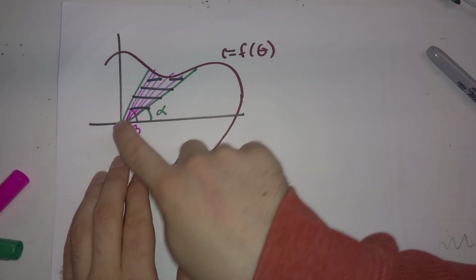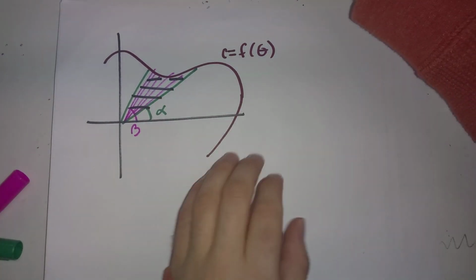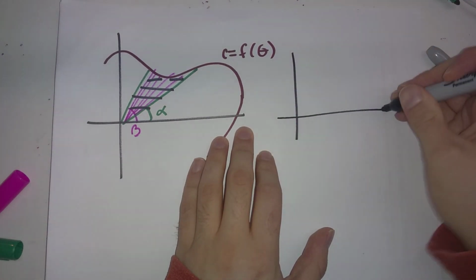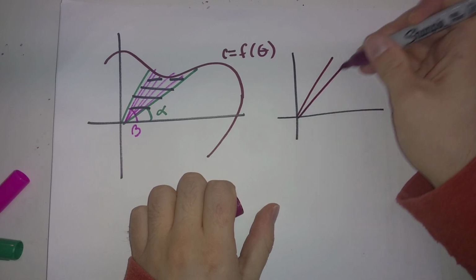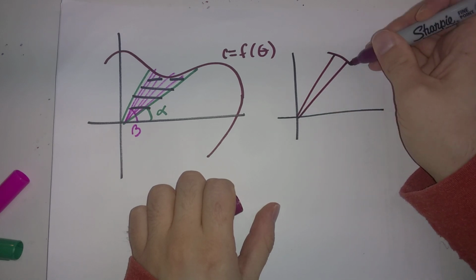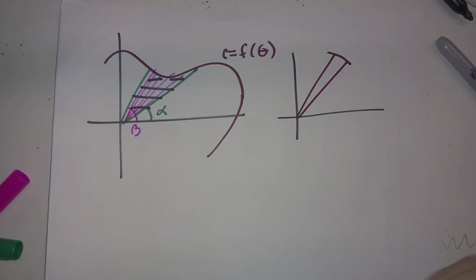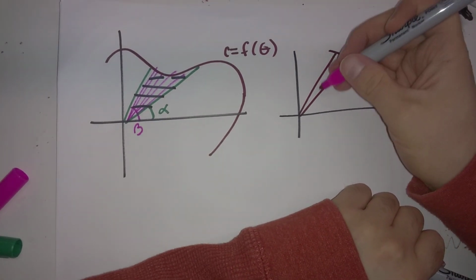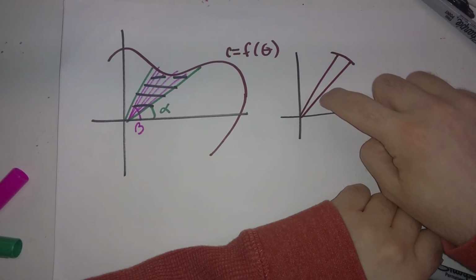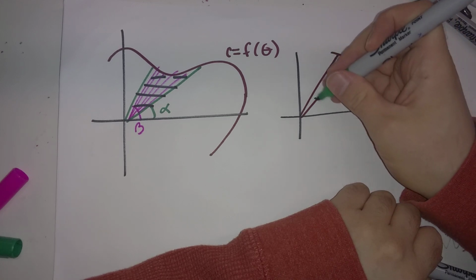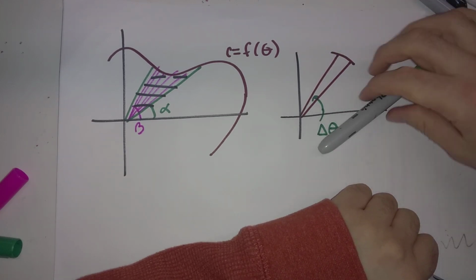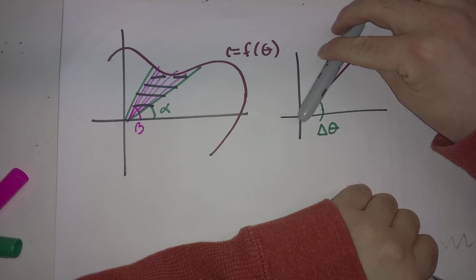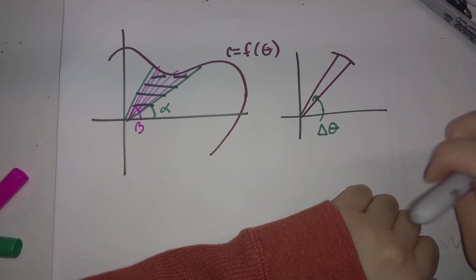So let's take a look at one of those little wedges. I'm not going to draw exactly to scale, because I want to have the big picture for what's going on here. What's the angle here? This is going to be just a little change in theta. So if theta 1, theta 2, this is the change in theta.